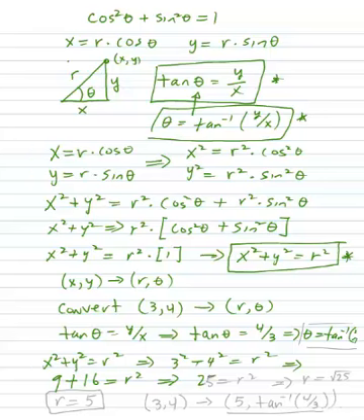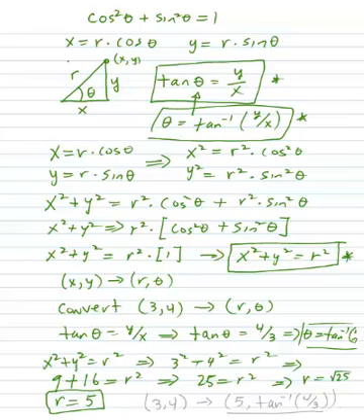So 25 is equal to r squared. Taking the square root of both sides, we get r as the square root of 25, which is 5. So the radius is 5, and our angle is the arctangent of 4/3.